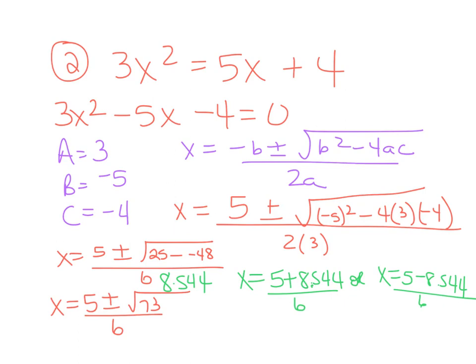When I do the math, 5 plus 8.544 divided by 6 gives me, to the nearest tenth, 2.3, or if I take 5 minus 8.544 and I divide by 6, that gives me negative 0.6. So my answers are 2.3 or negative 0.6.